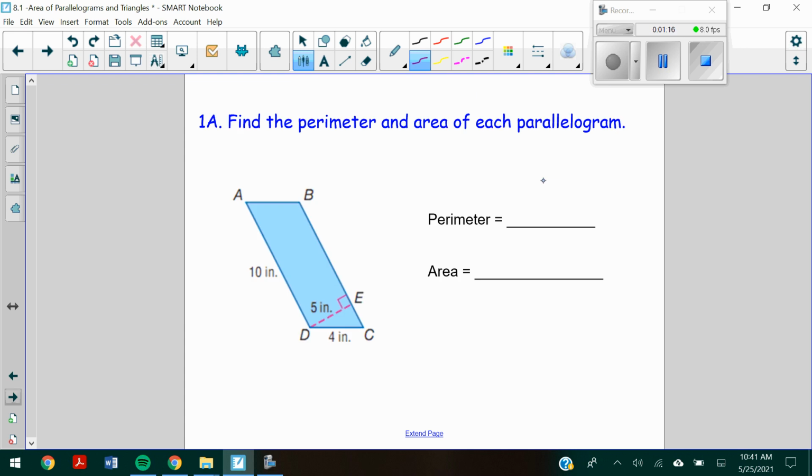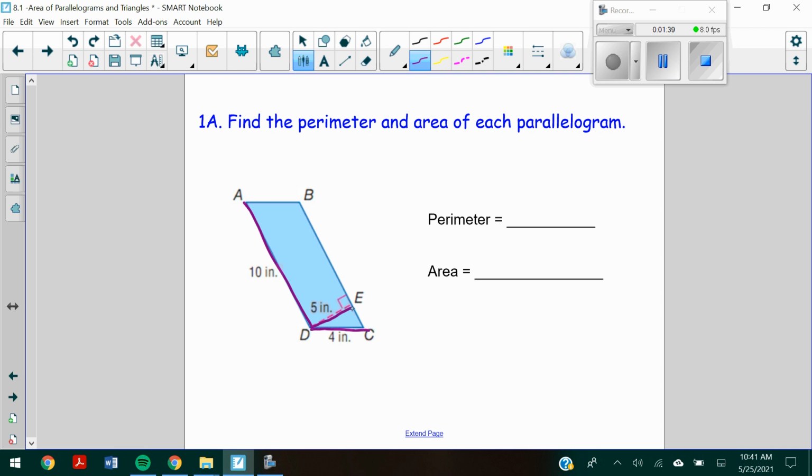We have our height, and we have our base for this. Now notice we have two different lengths. We have 4 and we have 10. So the 10 is going to be considered our base when we talk about area because that is what our height is perpendicular to.